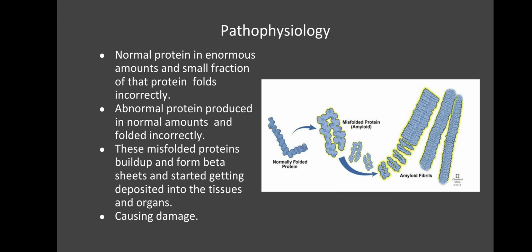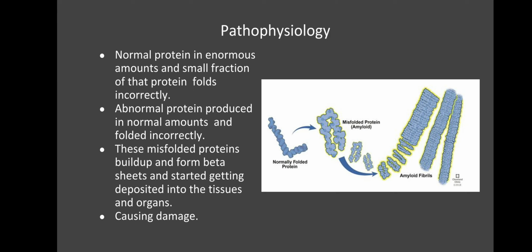So, what happens? In disorders like plasma cell disorders, like multiple myeloma, there will be some plasma cells producing more light chains than heavy chains of immunoglobulins.